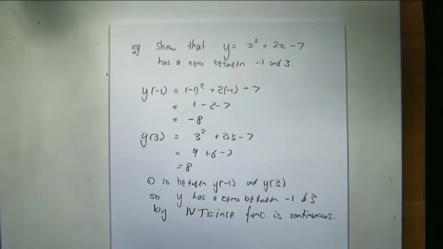Okay? Awesome. Now this doesn't tell you how many zeros that function has, but being a quadratic, it ought to have 2. But now we know it has at least 1.